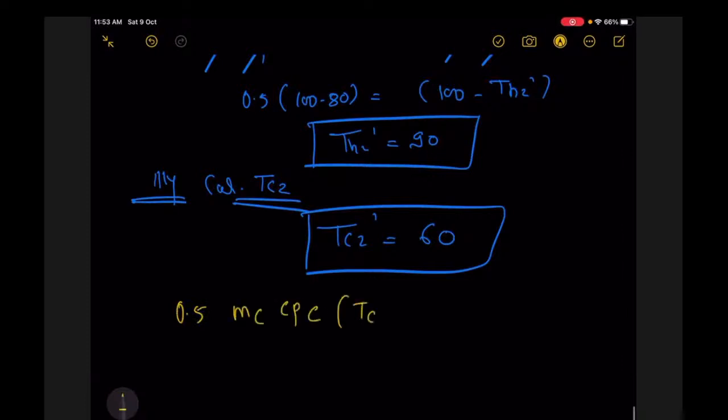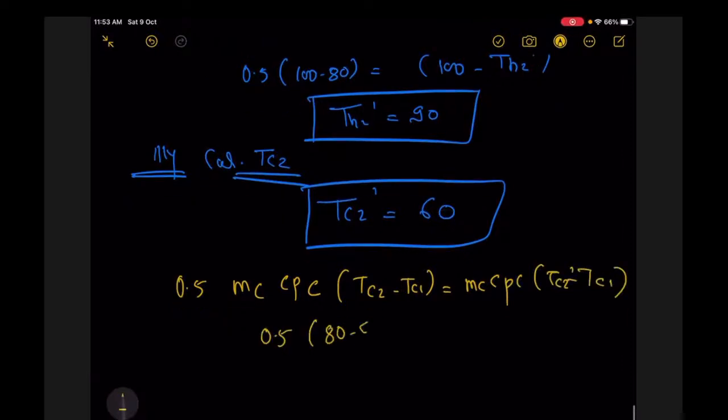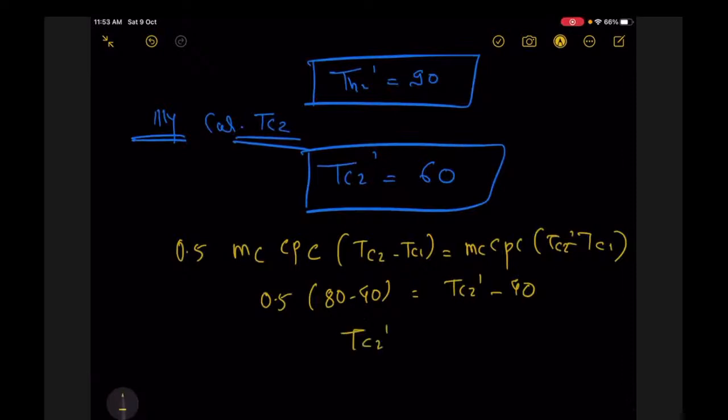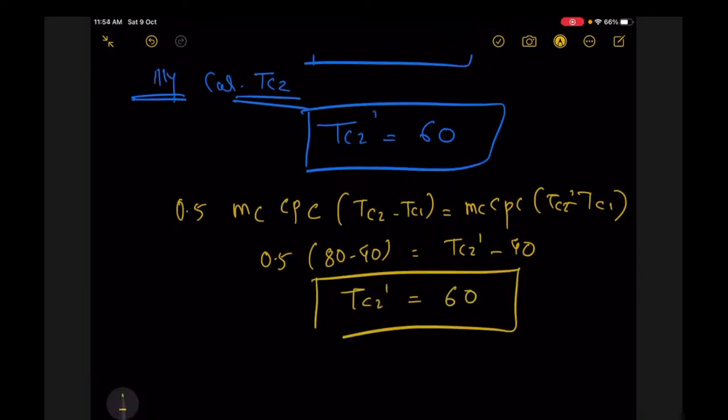MC CPC (TC2' minus TC1) equals 0.5 times (80 minus 40) equals TC2' minus 40. TC2' equals 60.